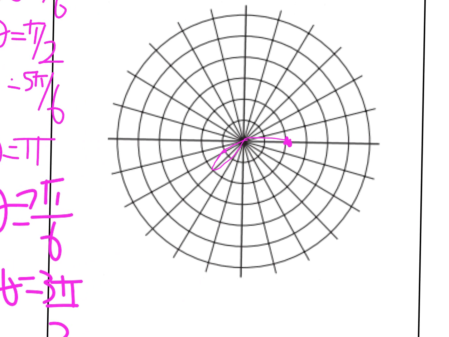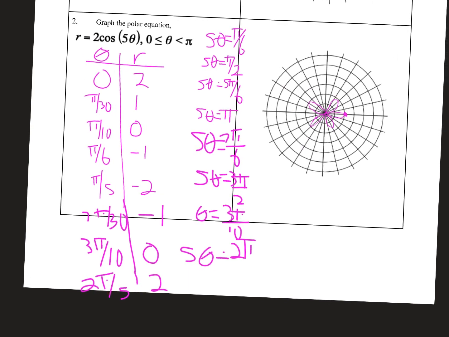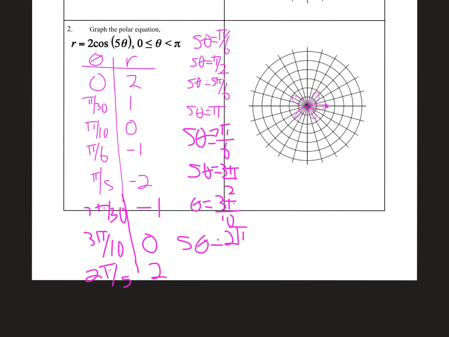Again, it's kind of difficult to tell on this one, but it's going to be 2. So I'm going to be coming back like this and like this. And then it's going to be kind of like this and kind of like that. Not the best drawing. The scale is super hard on this one because of the polar pieces that we were given. But it's going to be a 5-petal thing kind of like that.